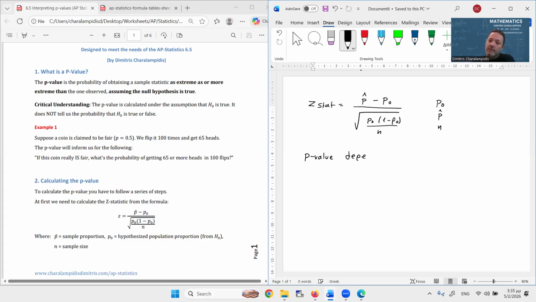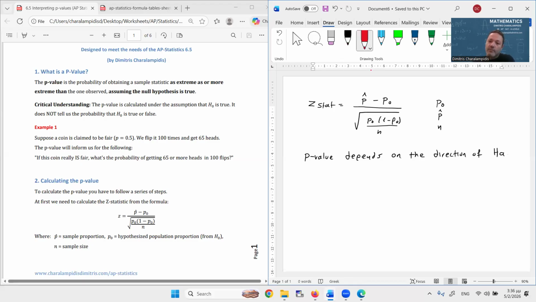depends on the direction of the alternative hypothesis. And right now, we will start with those two cases in which the sample proportion is in the direction indicated by the alternative hypothesis.